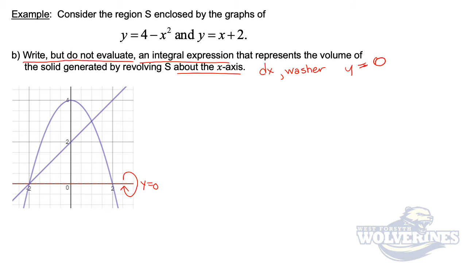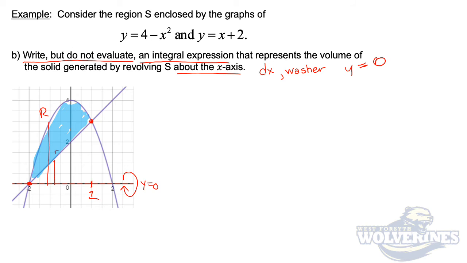So we're revolving around the x-axis, which as I just said a moment ago, is y equals 0. All right. So draw in some radii, right? You've got your region. It's not colored on this screen for some reason, but we've got our region here, right? So big R is whichever one is farther away, which is the curve, from the axis.